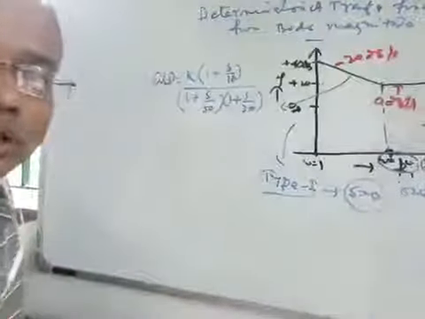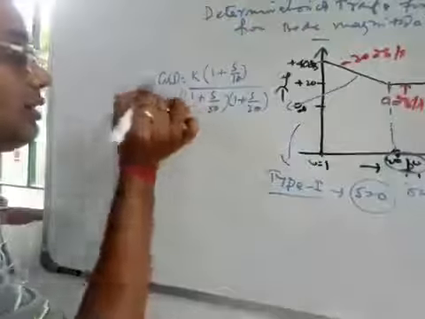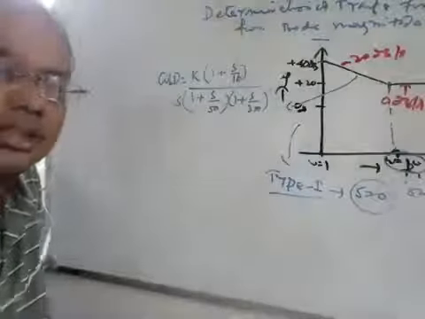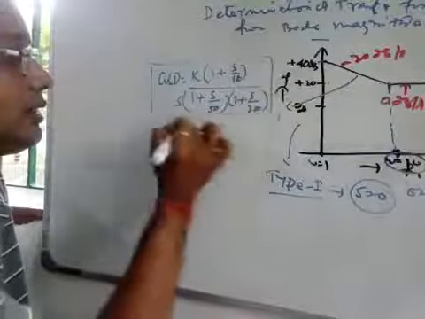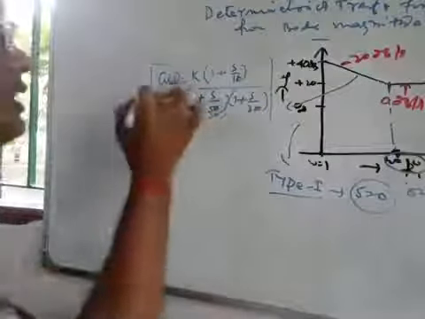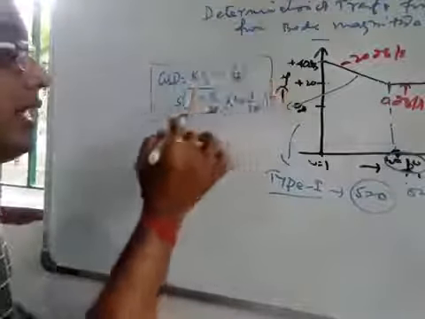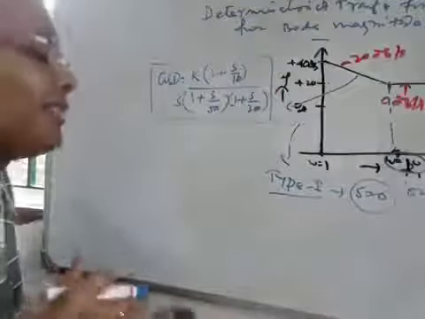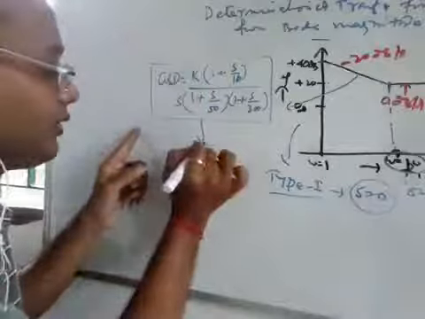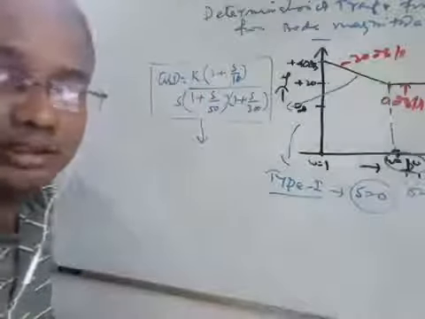So what will be the corresponding transfer function? Now your transfer function is almost ready. Got it? So G(s) is equal to K into 1 plus s by 10, over s into 1 plus s by 50, into 1 plus s by 300. Okay. Now what is the value of K and how to get the value of K?